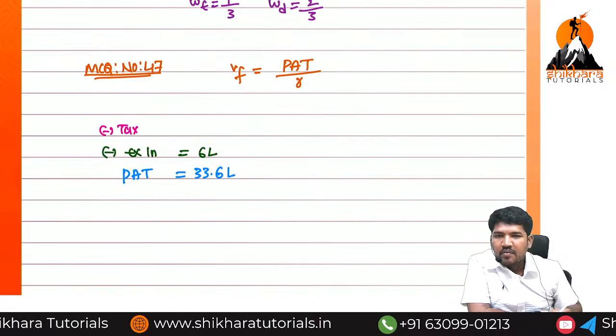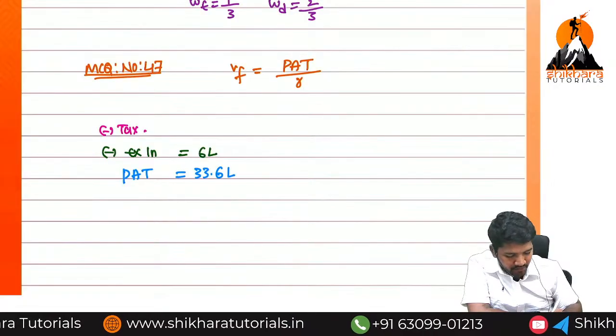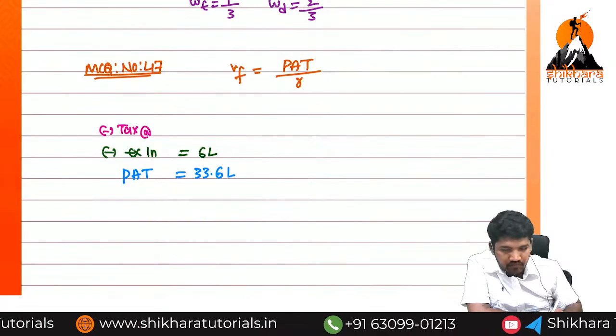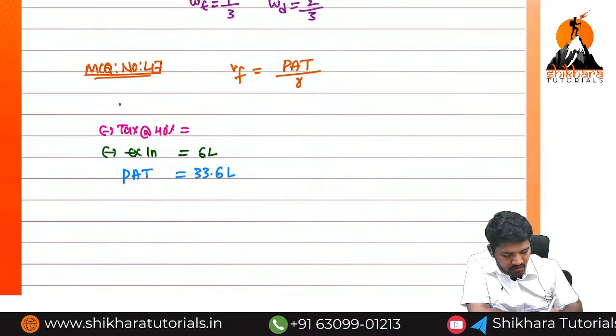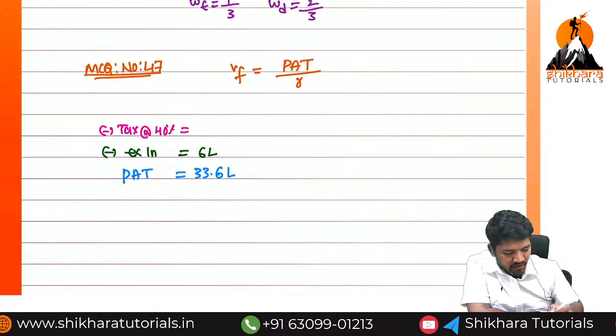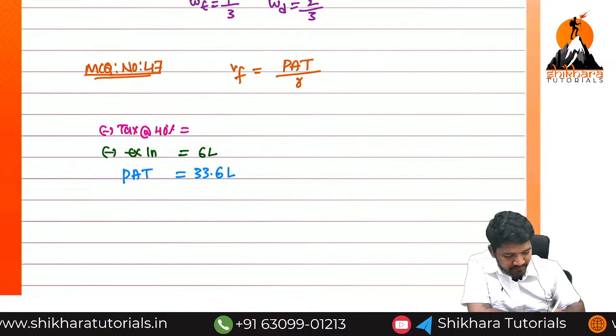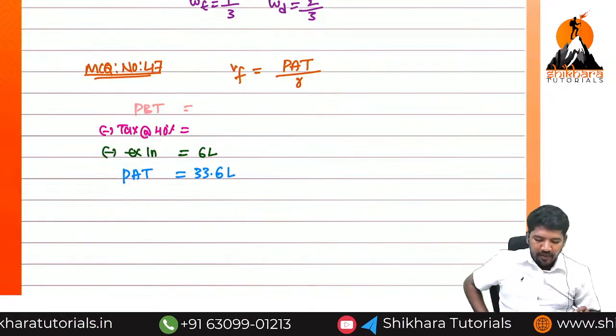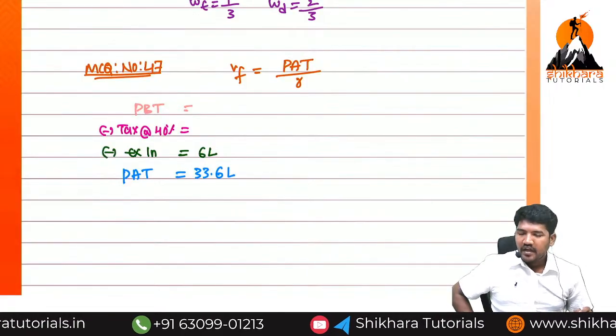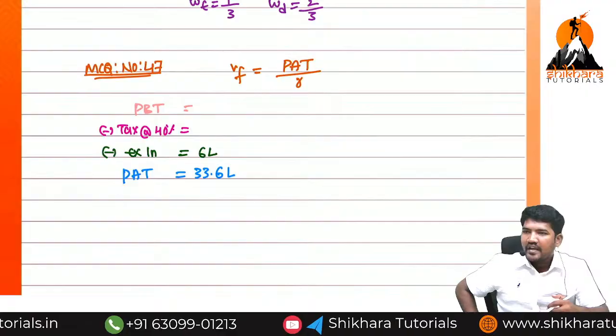I don't know the amount, I know the percentage, at the rate of 40%. So the main figure is PBT. Now if I know PBT, I can easily reallocate that.